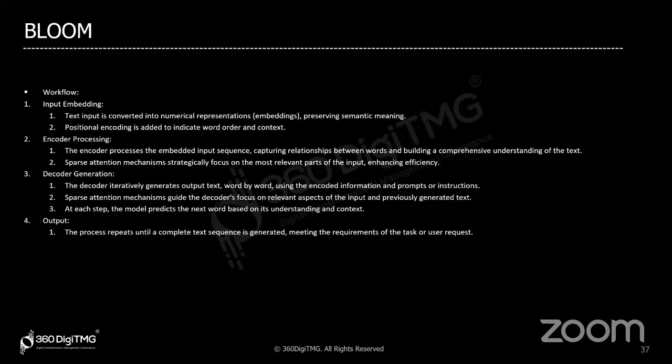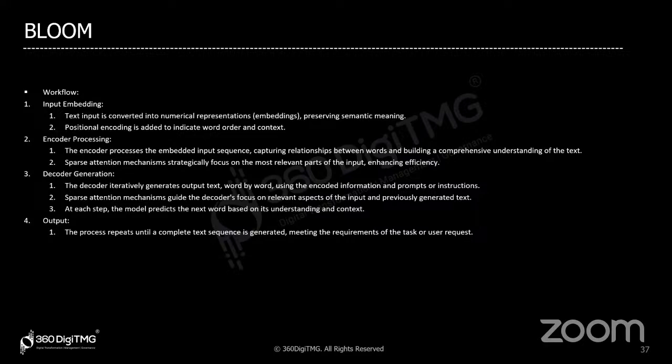Okay. Then the sparse attention mechanism will guide the decoder. It will focus on relevant aspects of the input and previously generated text. At each step, the model predicts the next word, based on the understanding and context. Okay. So this is what I have read about the encoder and decoder.